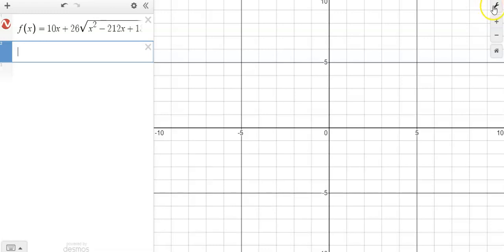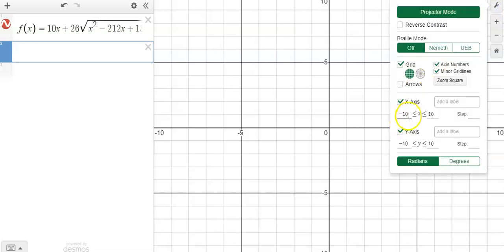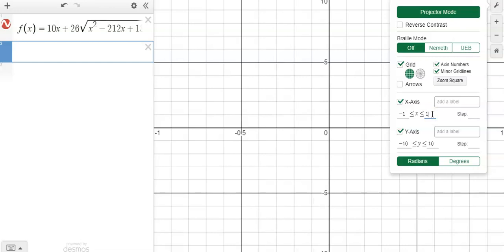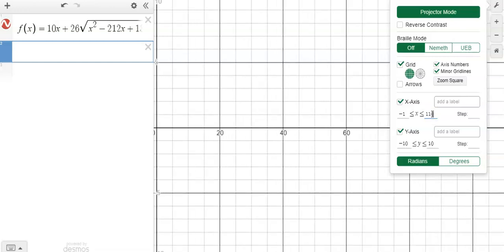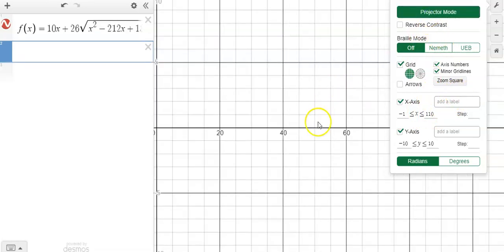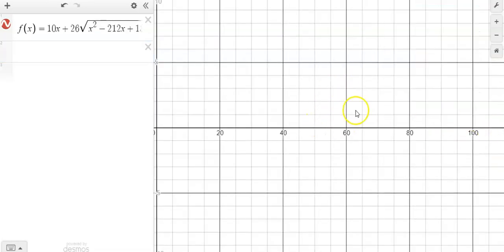We know that our domain goes from 0 to 106, so it's going to be somewhere between 0 and 106. So we can make our x-axis go from -1, so that we can still see where the y-axis is, and now my graph goes over to 110. However, even though it goes over to 110, I still can't see where the graph is.